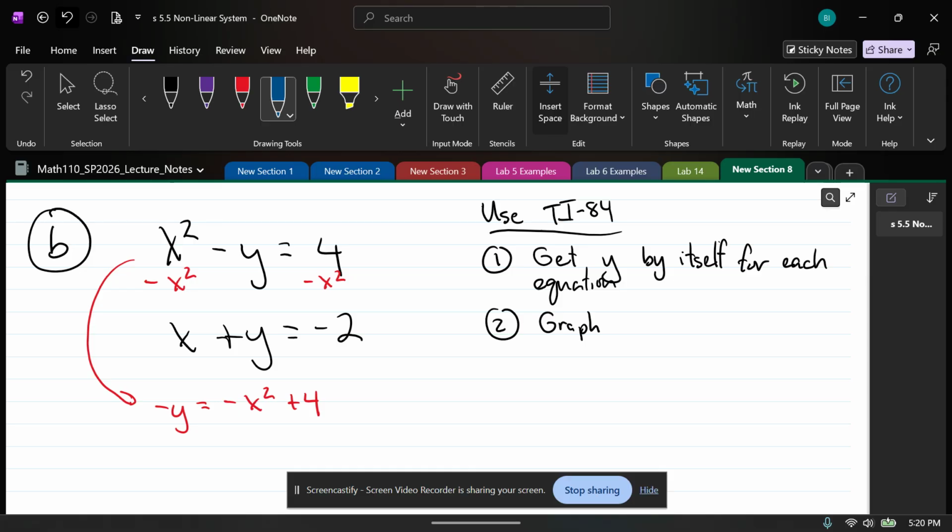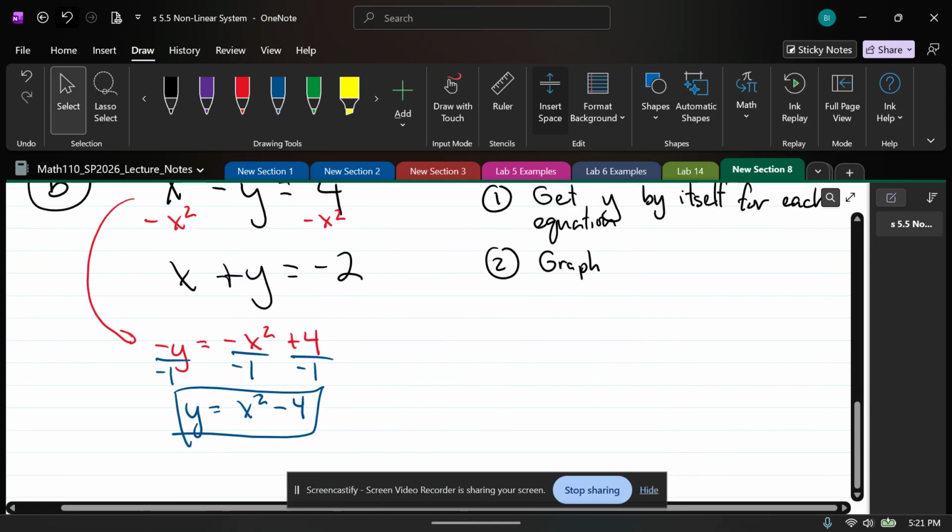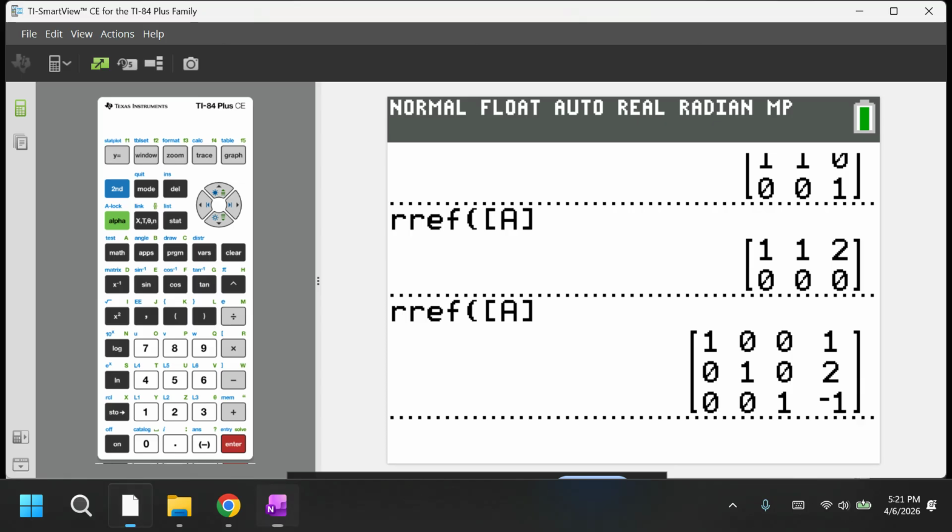What do I need to do? Divide by negative 1. So everybody gets divided by negative 1. So y is equal to x squared minus 4. That's one of my equations I'm going to graph.